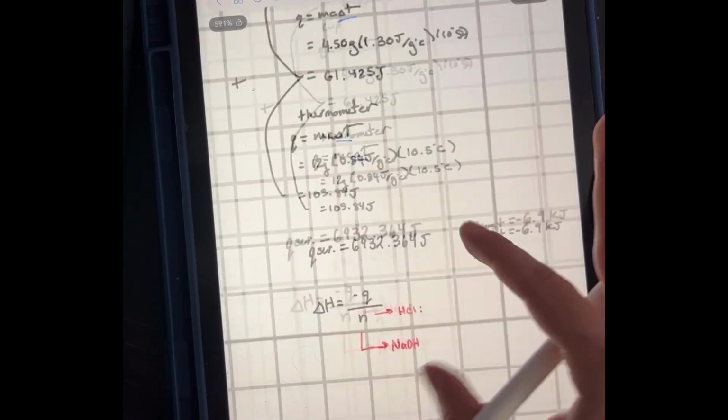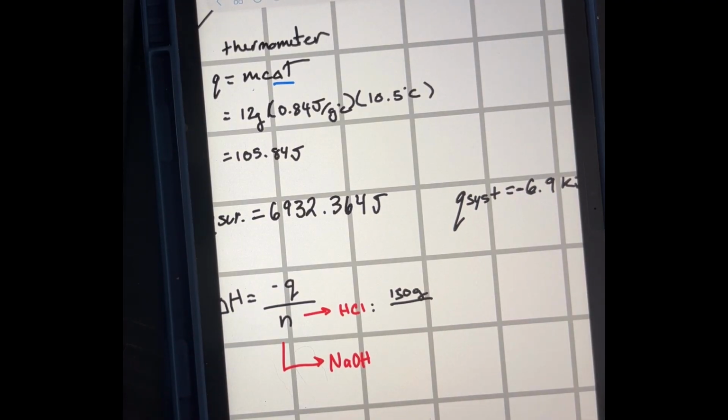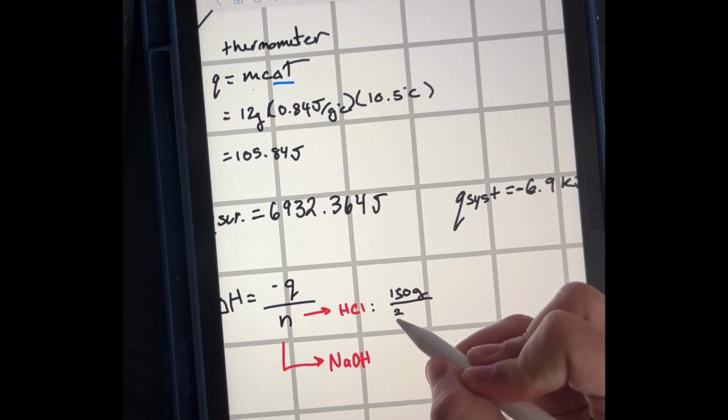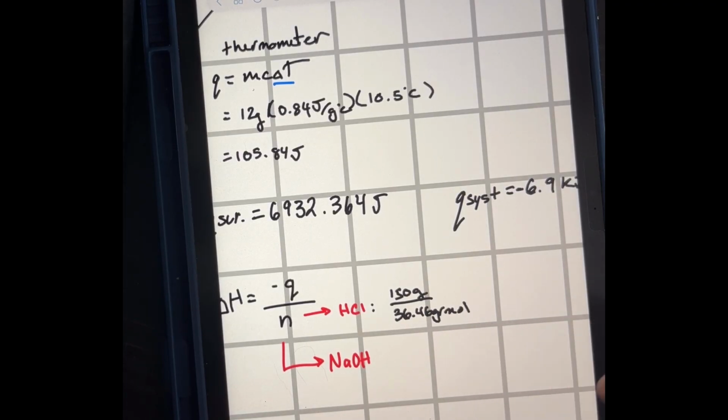HCl is 150 grams over 36.46. So we're gonna get 4.11 mole of HCl.